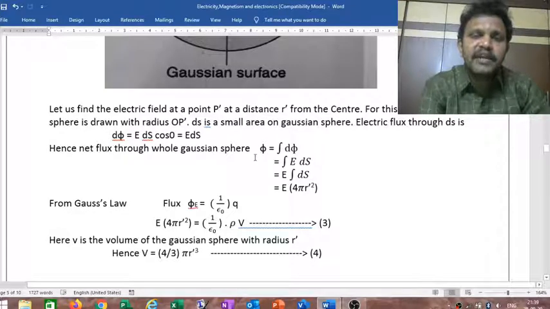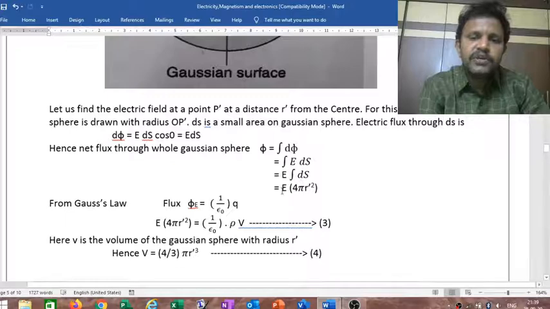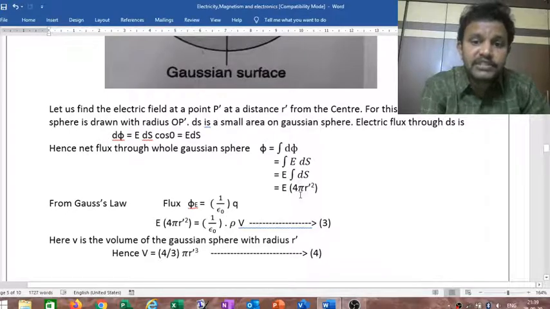So let us integrate the above equation. So we get net electric flux through the inside Gaussian sphere, phi, is equal to integral d phi, that is equal to E into integral dS. Here integral dS is the area of the Gaussian sphere. So it is E into 4 pi r dash square. So we determine the phi.